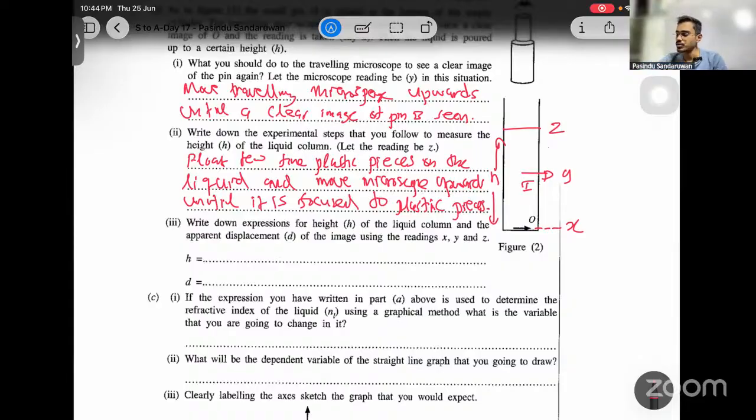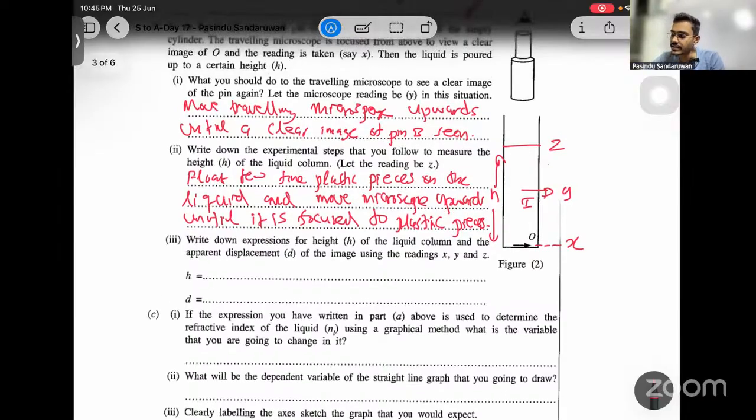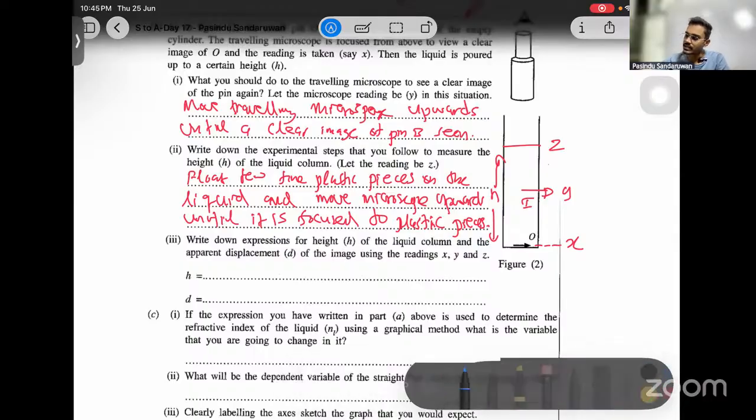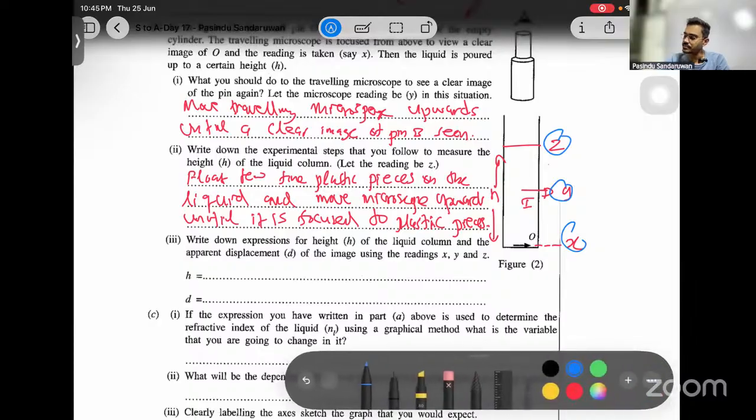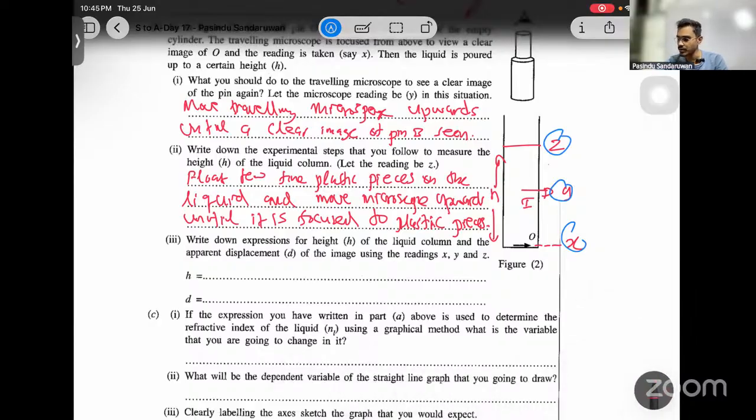When it is focused to the plastic pieces, it is focused to a point at the level of the liquid, at the surface of the liquid. Then if that reading is taken, we have this reading Z. Z, Y, and X. These three are the three readings we have got now.